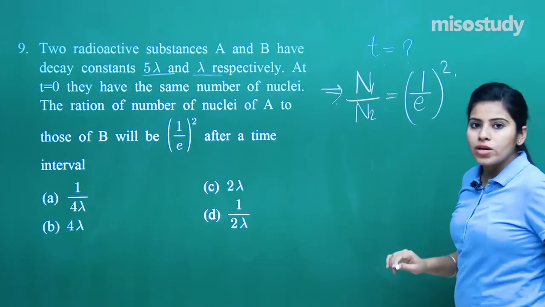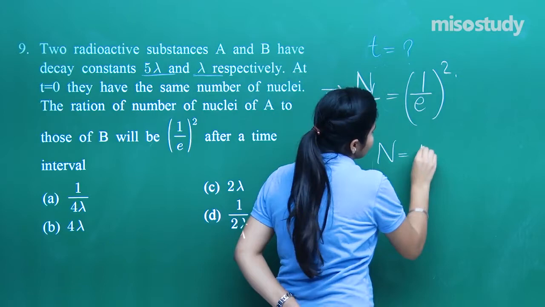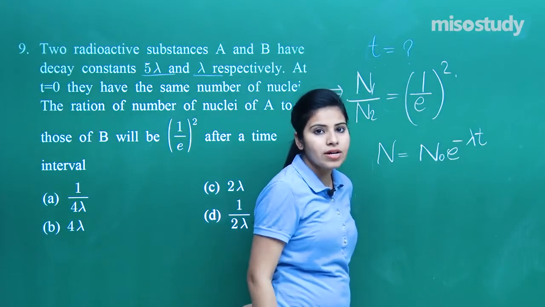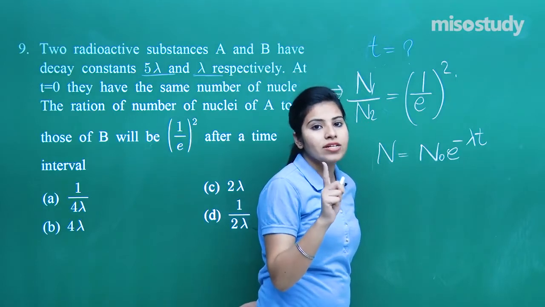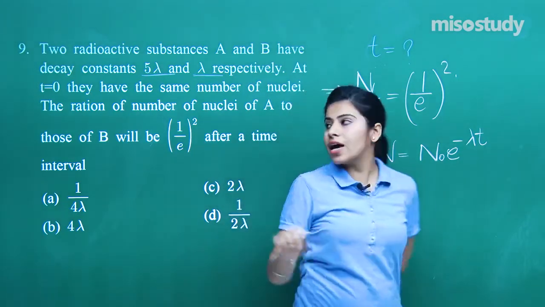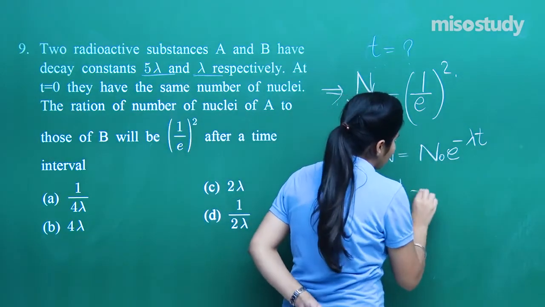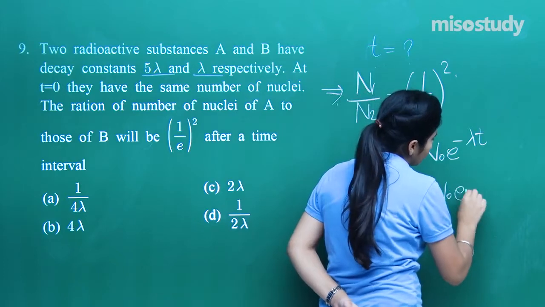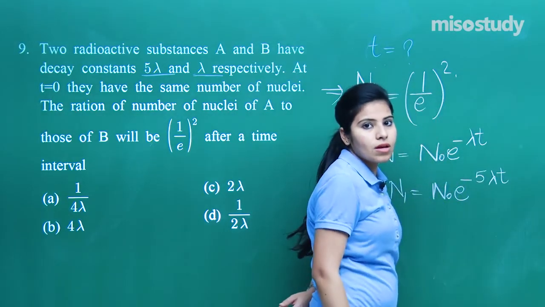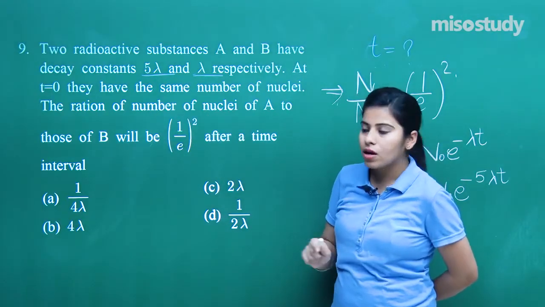Now I know one important relation. For the first radioactive element A, the decay constant has been given as 5 lambda. So N1 equals N naught into e raised to the power minus 5 lambda t, because we are doing it for a particular time interval.